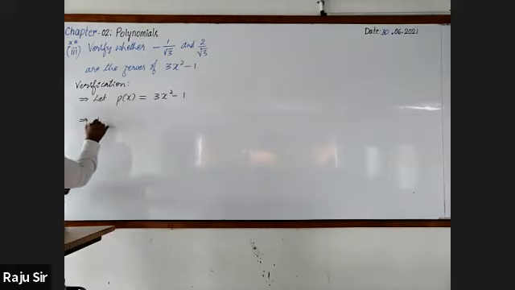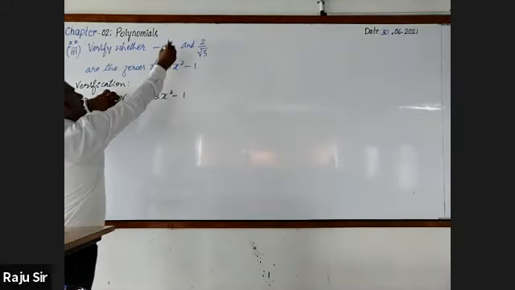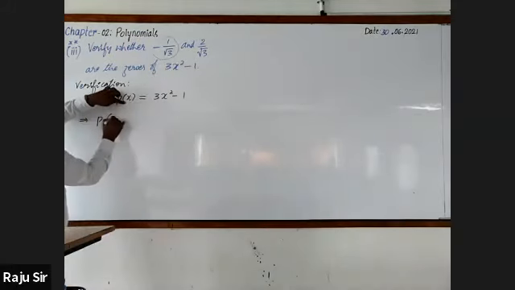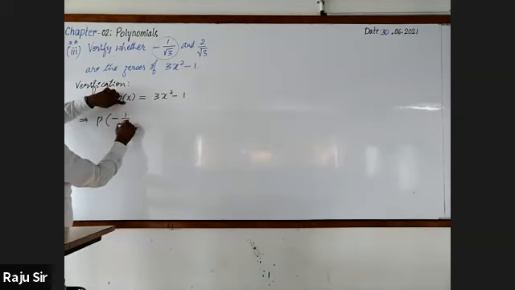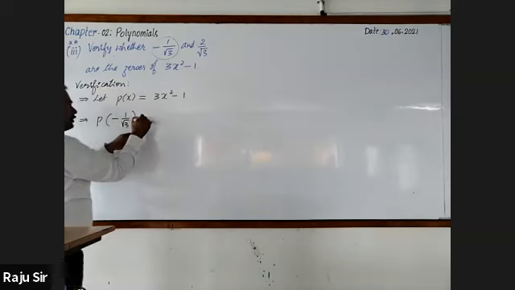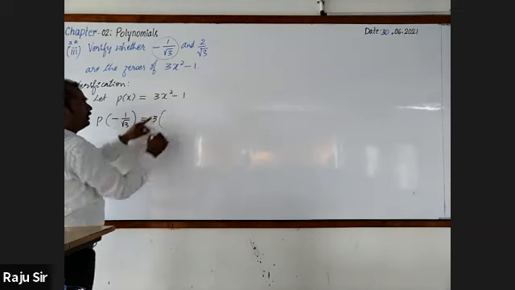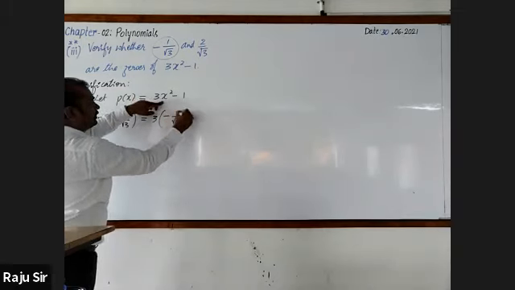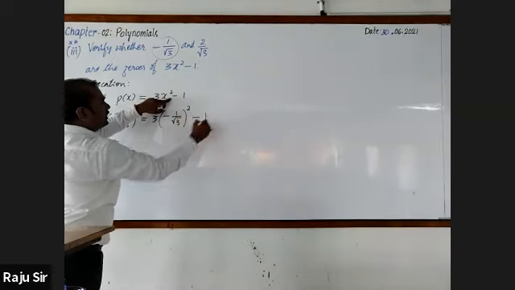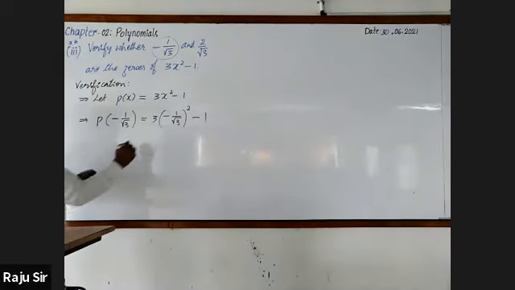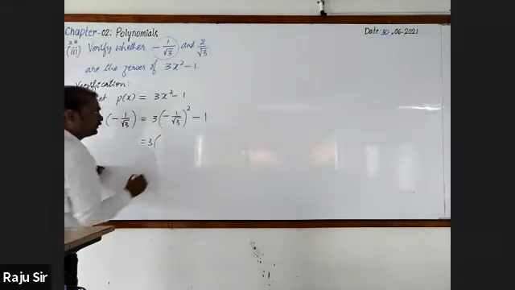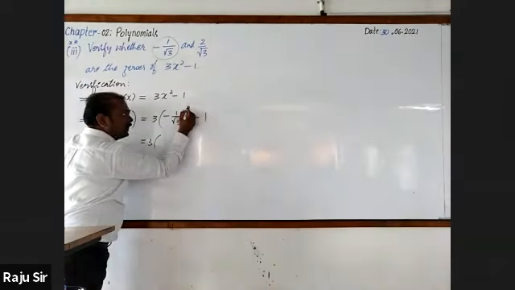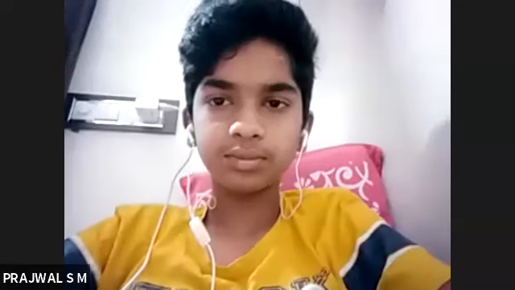Then p of x where x is minus 1 by root 3 is equal to 3 into, in place of x, I am writing minus 1 by root 3 whole square, then minus 1. Dear students, observe this carefully. Here, square and root get cancelled.